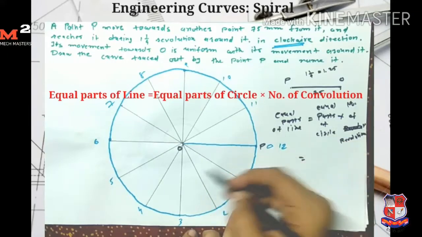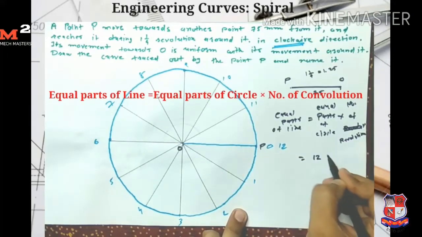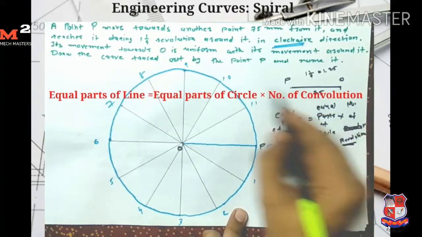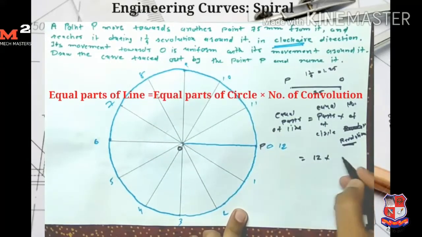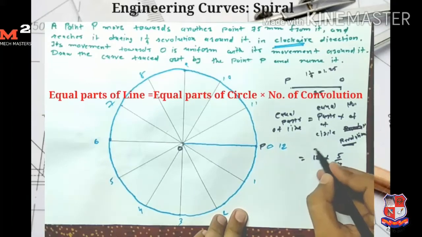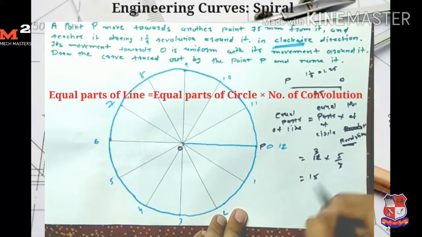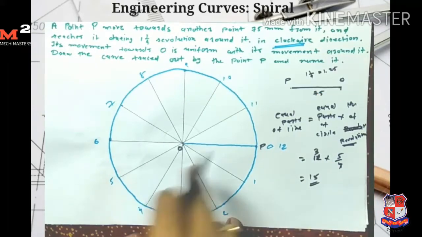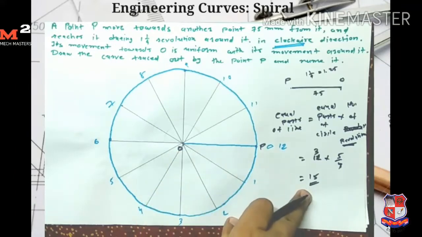Here we divide the circle into 12 equal parts. The number of revolutions given is 1 and 1/4, meaning 5/4. So we get the answer 15. So divide line OP into 15 equal parts.